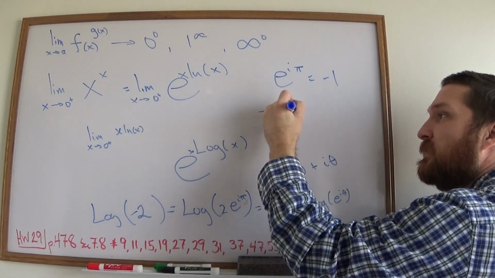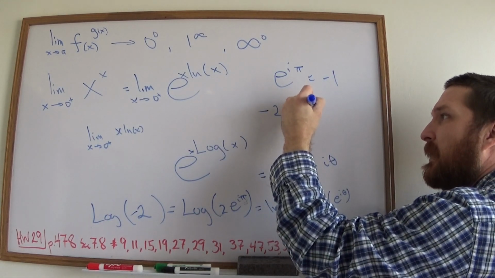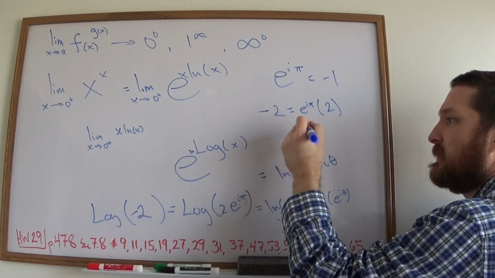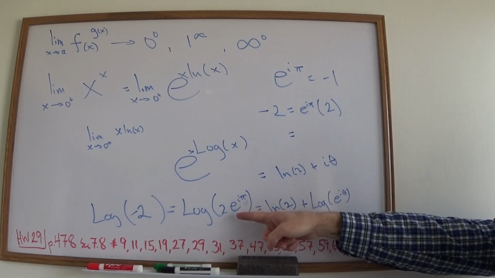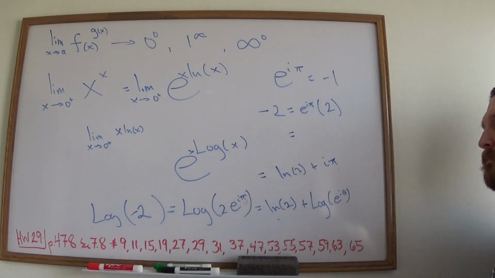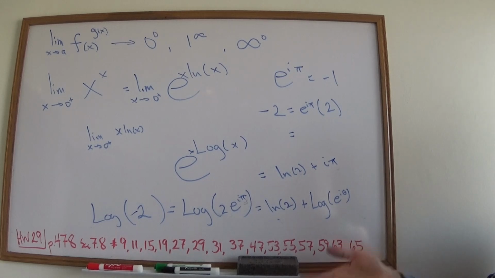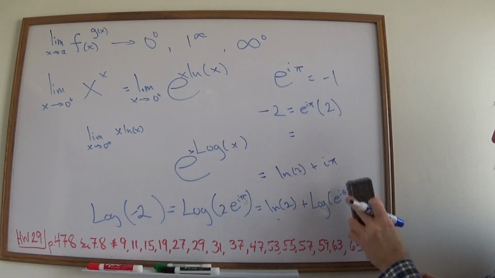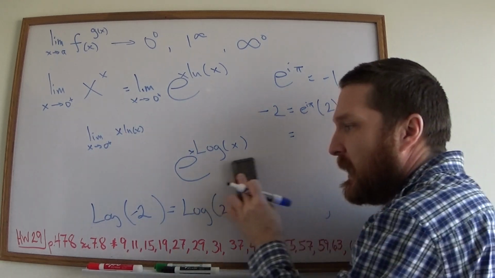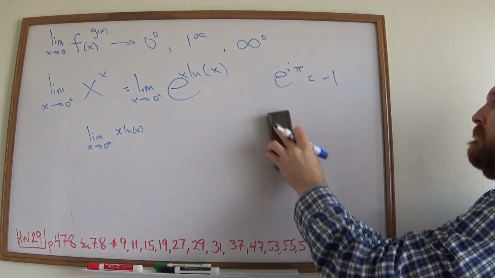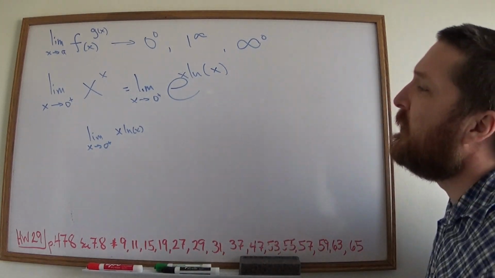So -2 equals e to the i pi times 2, and you undo it with the log, and now it's just this. So there's no problem. We can still do this with negative numbers. I just want you to know that it's possible. It's just that an i pops out with some radian value. Interesting.